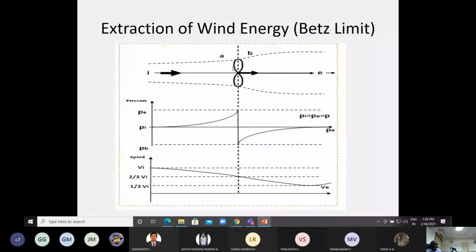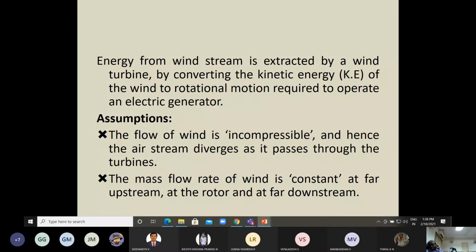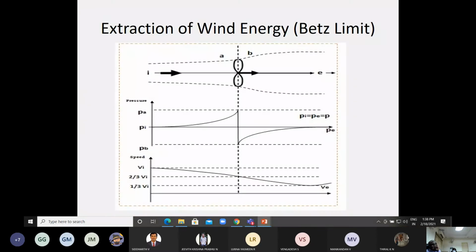Before the rotor it is called upstream. After the rotor it is called downstream. And this is at the rotor. So we are going to see what the pressure and velocity are on the upstream side, on the downstream side, and of course at the rotor itself.